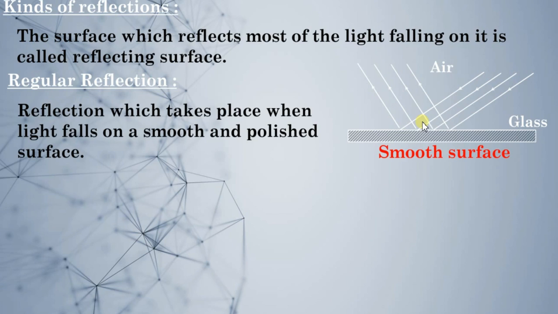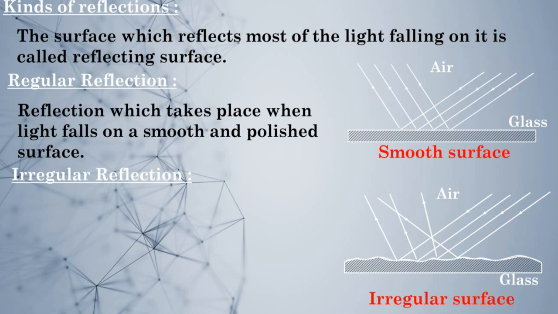Now in the second figure you are going to observe an irregular surface. Though it is glass, it has an irregular surface. It has the same incident ray as the earlier smooth surface, but see what happens after reflection. The reflected rays are distorted and move as they like. The reflection is completely based on the point of incidence.